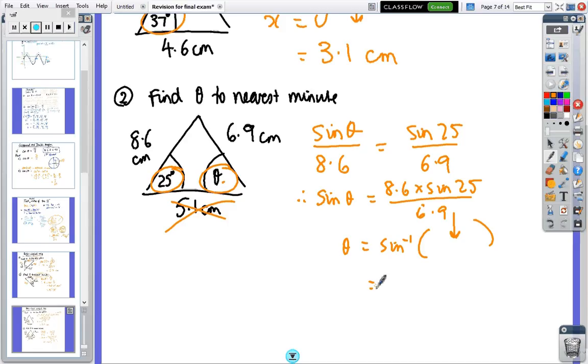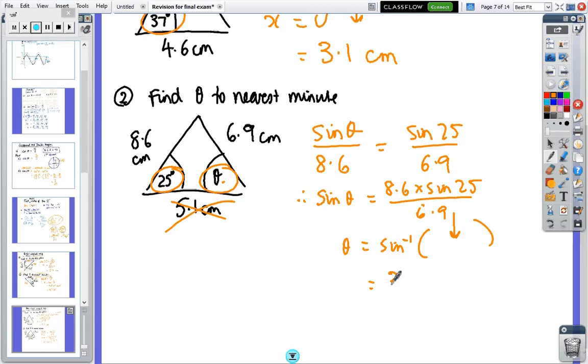And let's go. I'm going to do shift sine, and I'm going to open up a bracket. 8.6 times sine 25 divided by 6.9, close bracket, and degrees, minutes, seconds.